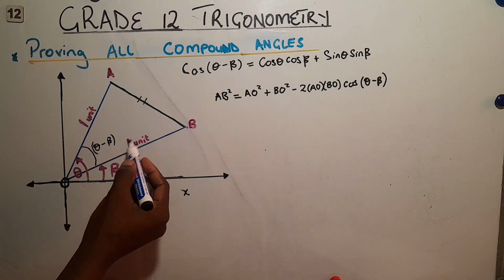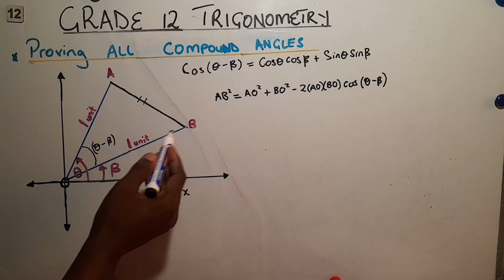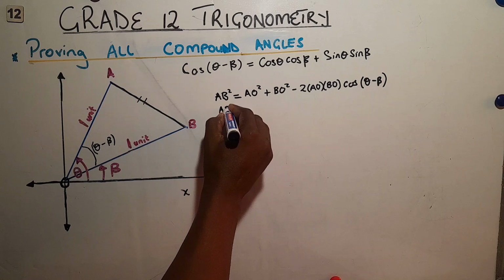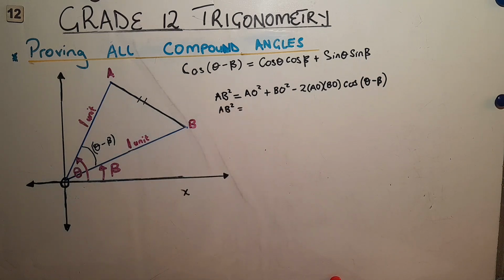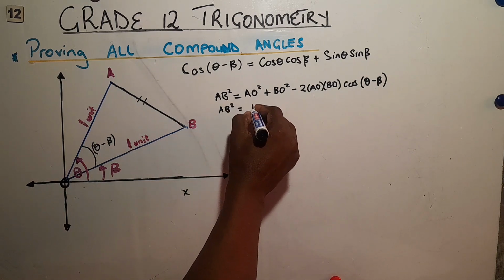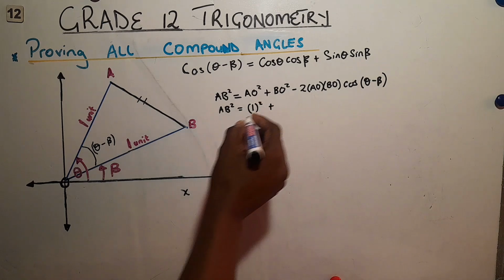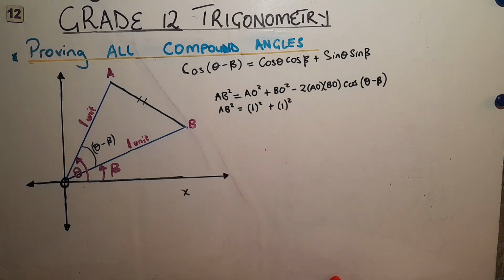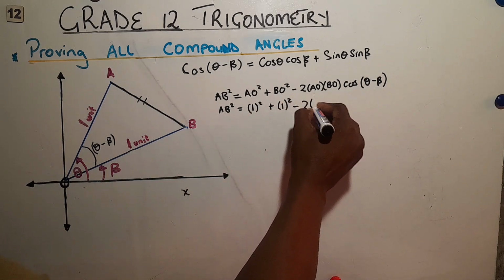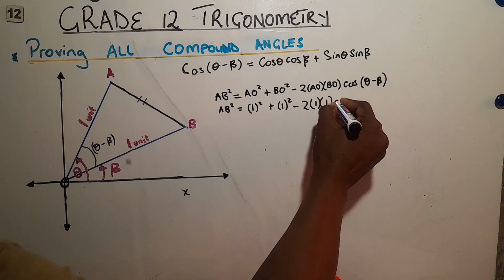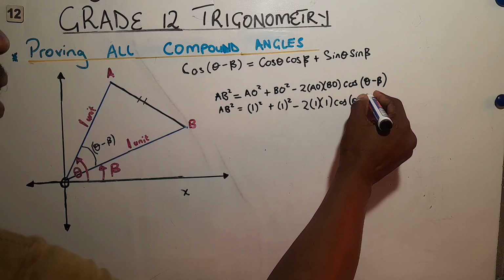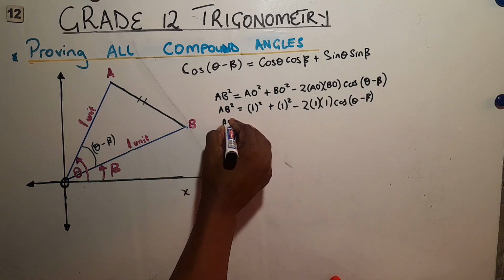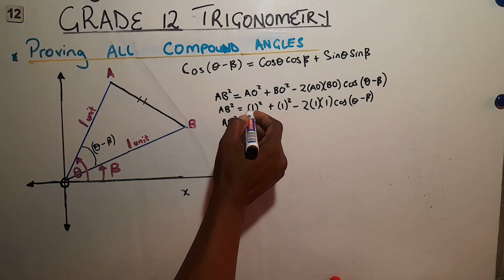So we used the 1 unit line. This line is 1 unit, that line is 1 unit. So AB squared is the same as 1 squared plus 1 squared minus 2 times 1 times 1 times cos of theta minus beta.